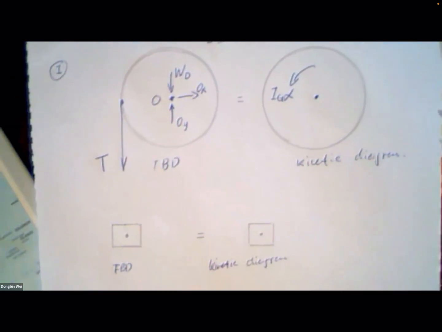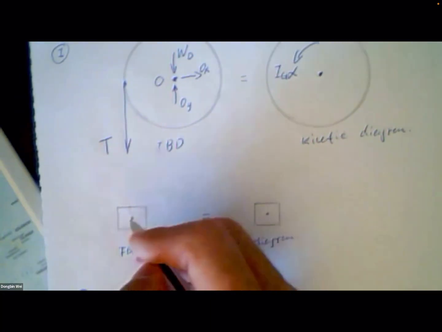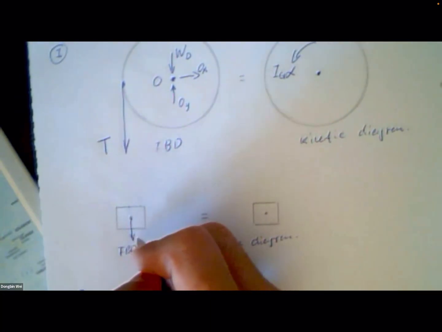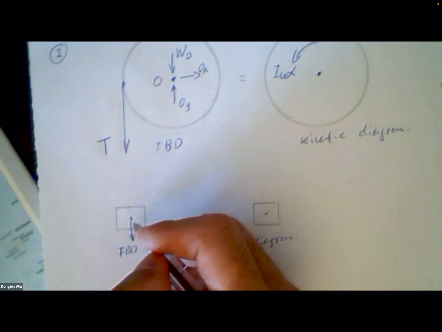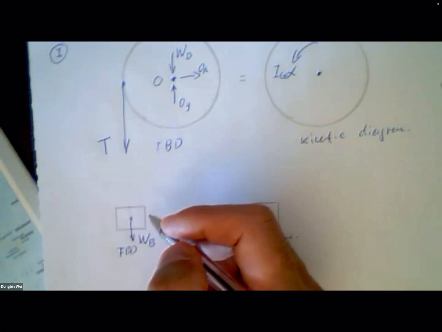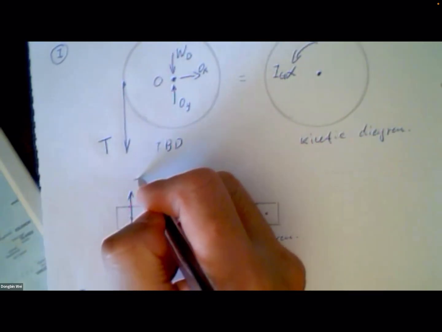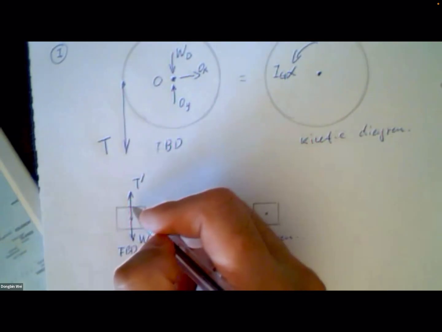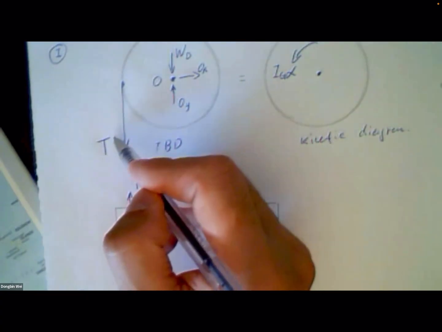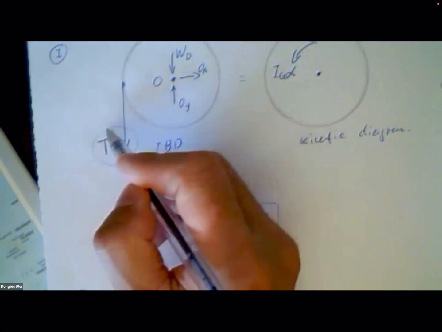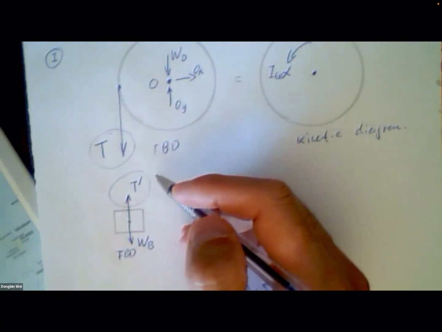Now, for the block, obviously we have W_B, the weight force on this block, and also we have T prime from the cord.